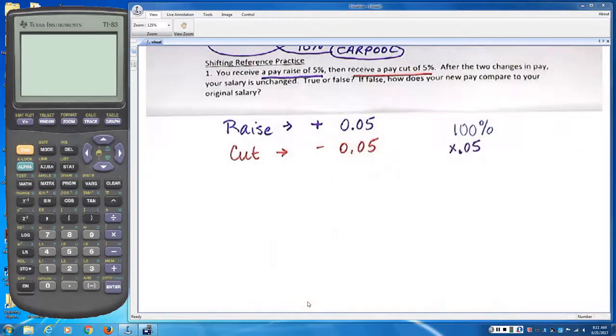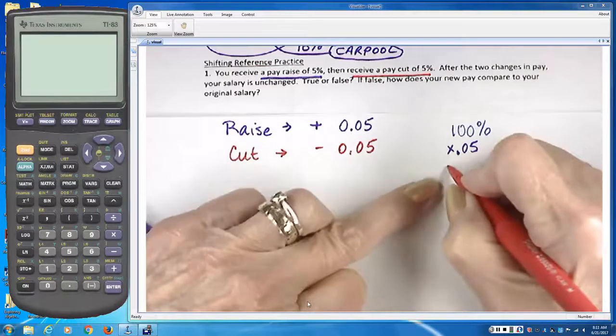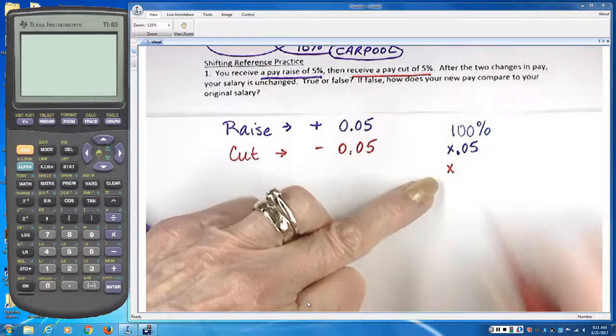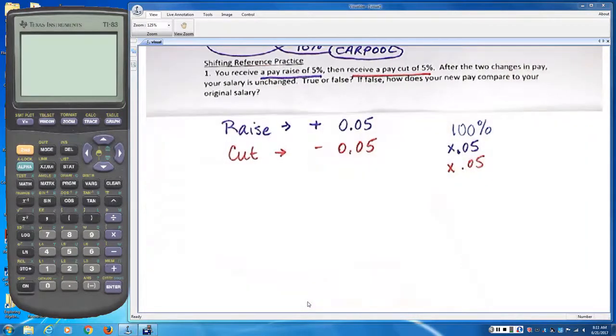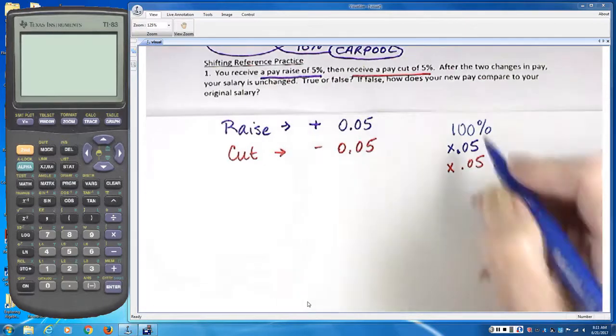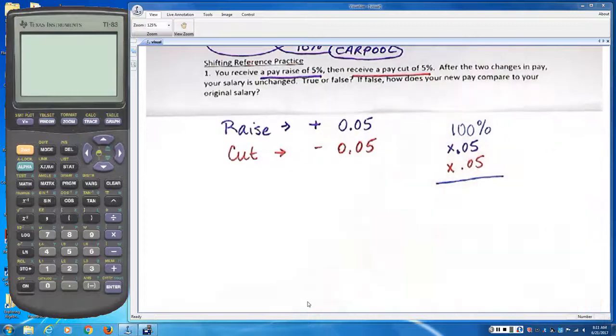Like when you solve an equation, 0.05, negative 0.05, they cancel out. But let's see if that's actually what happens. So we're going to then multiply our 100% salary times 0.05. And let's see what happens. And this, remember, is negative 0.05.